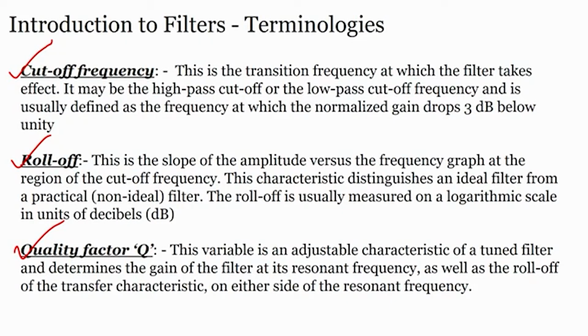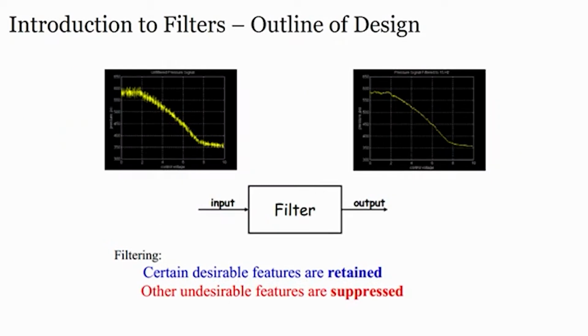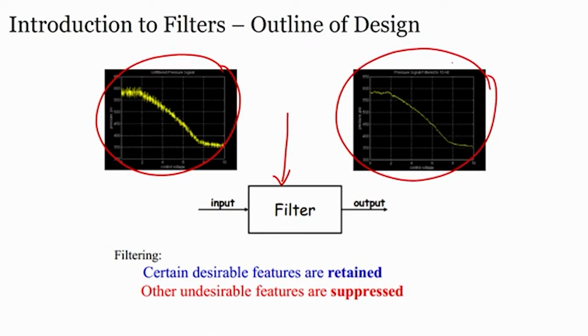Okay. Let us move to the next slide. Now, if you see here, if my input signal is this and I use a filter, I can remove the unwanted signal, this noise, and get a better, filtered signal at the output, right.